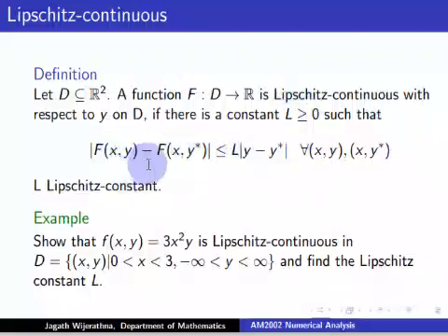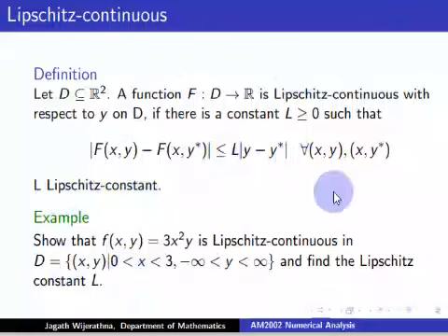This is true for all (x, y) and (x, y star) in this domain. This L is said to be the Lipschitz constant. This is very important: the x coordinate does not change here.